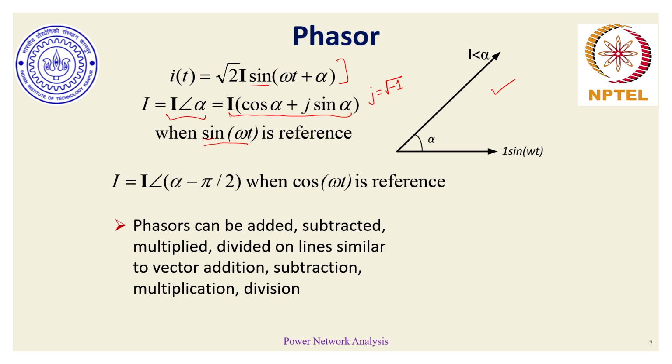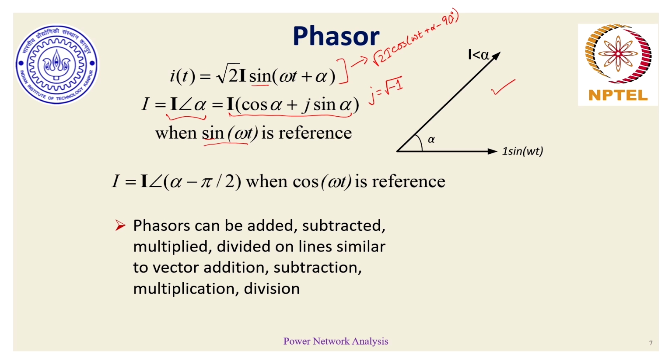Now, if we were to redraw this phasor choosing cos omega t as a reference, the first step would be to re-represent this i of t, which is a sine wave, in terms of a cos wave. Going by the trigonometric first principles, this can be written as root 2 I cos(omega t + alpha - 90 degrees).